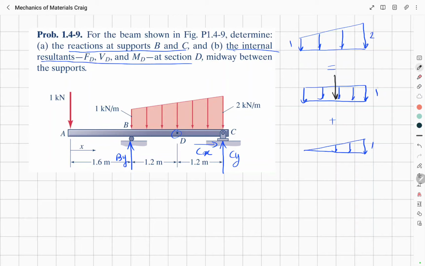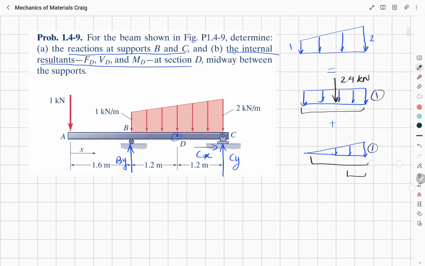So this will be 1 multiplied by this distance, which is 2.4. So this will be 2.4 kilonewton. This will be 1 multiplied by 2.4 divided by 2, so 2.4 multiplied by 1 divided by 2, which is equal to 1.2 kilonewton.